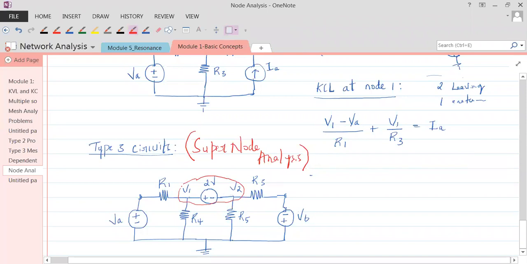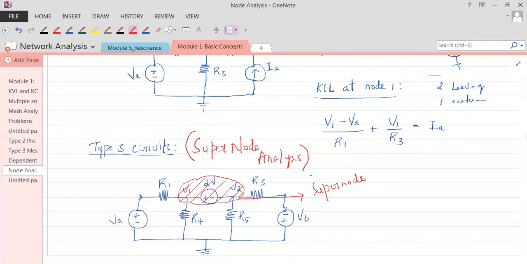Now we are not supposed to look at node 1 and node 2 separately, but we need to look at this as one super node. So this is called a super node. Just two nodes were there and those two nodes have become one super node now.